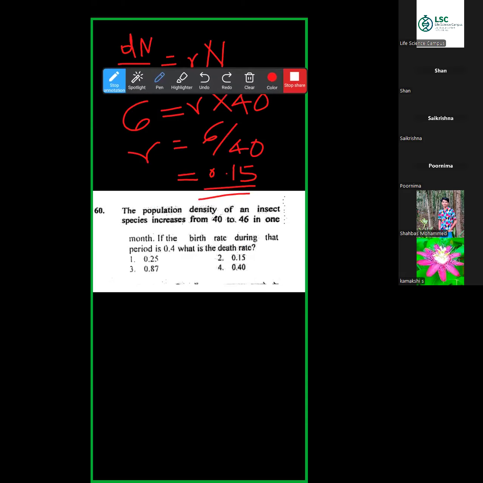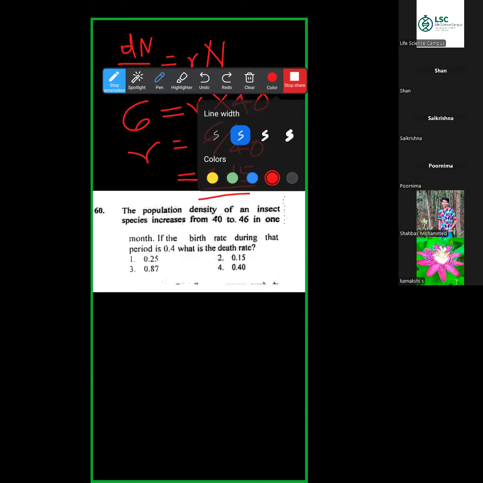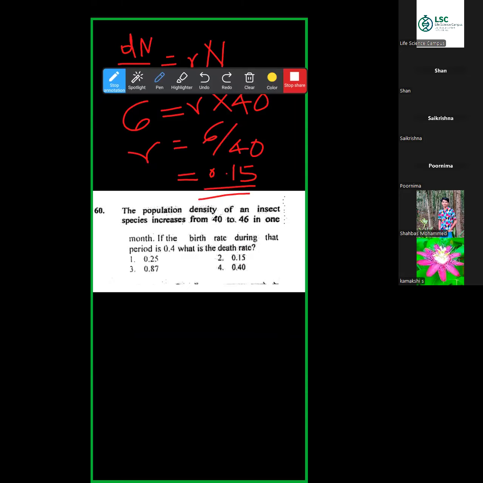And there is an equation connecting R, B and D. What was the equation? R is equal to B minus D. So we know that the R value is 0.15, and in the question they have already given that the B value is 0.4.